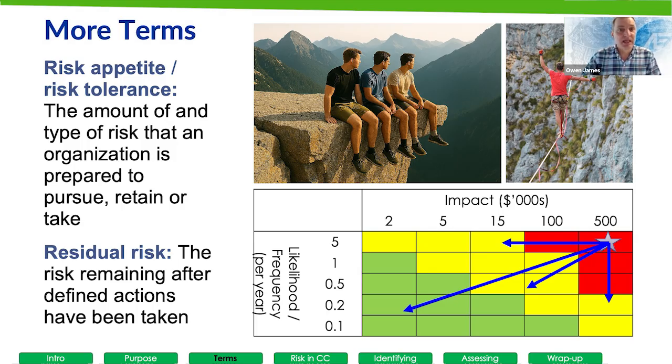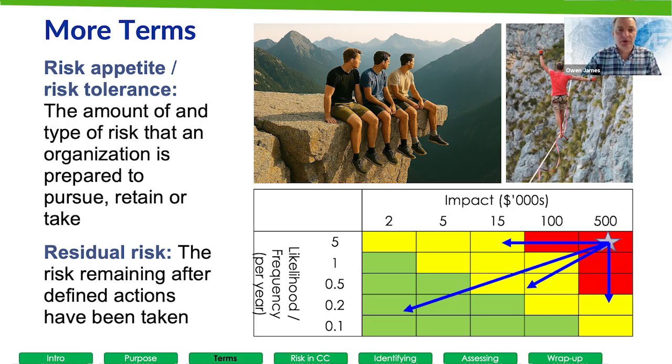Number one, you won't catch me sitting on that ledge and you won't catch me walking that tightrope. So my personal level of risk appetite is much lower. So hopefully immediately you can understand that risk appetites vary from one person to the next, or from one organization to the next. So it's kind of important for us to think, my organization, what's our risk appetite? How much risk are we willing to tolerate?